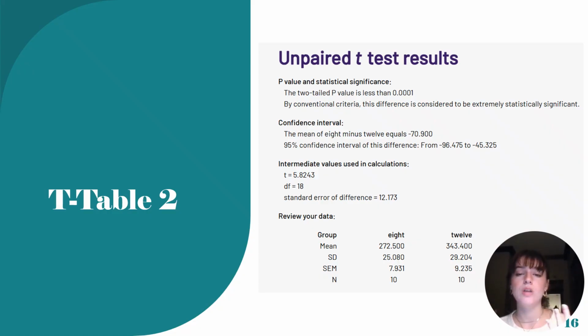So the 8-degree incline doesn't allow for the car to travel as far as the 12-degree incline does. So at the bottom you can see that the mean of the 12-degree incline is 343, which is a lot higher than the average distance traveled by the 8-degree incline.